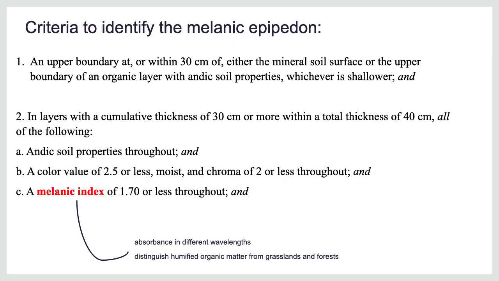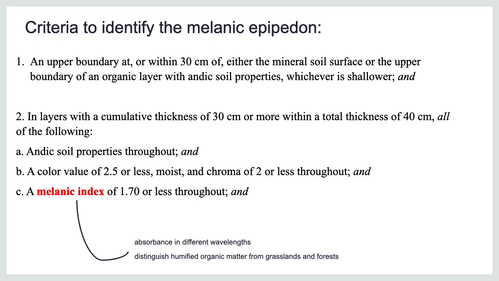Okay, great. So first of all, I need an upper boundary at or in the first 30 centimeters, either of mineral soil surface or the upper boundary of an organic layer with index soil properties, whichever is shallower.